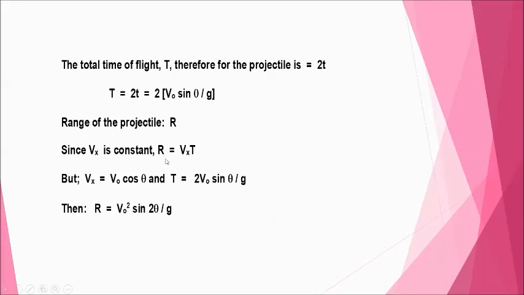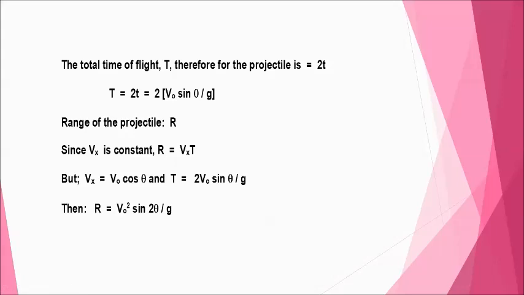Now what about the range? How do we get the range? The range is the horizontal distance covered by the projectile. In the horizontal, it is simply x equals vt. But again, we cannot use that in that manner because we're getting the range for a projectile.